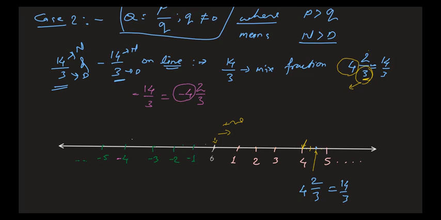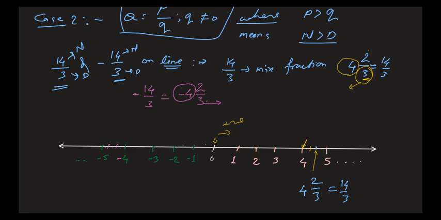Okay, so from minus 4 to another corresponding point, this one we must divide into how many equal parts? The total parts in the form of the ratio is 3. So you divide into 3 equal parts. So this is the 1 part, this is the 2 part and this is the 3 part. So 1, 2 and 3, these are the 3 equal parts from minus 4 to minus 5.